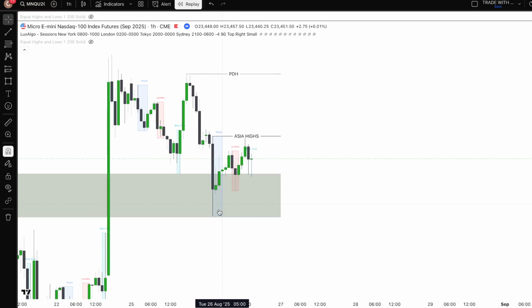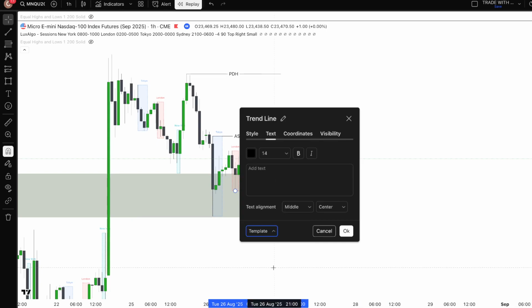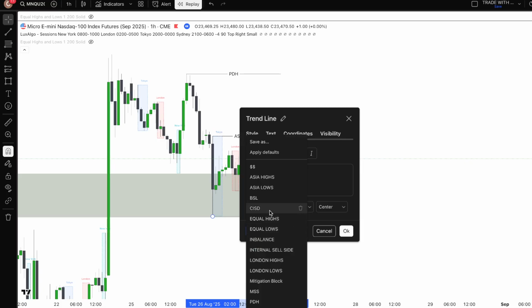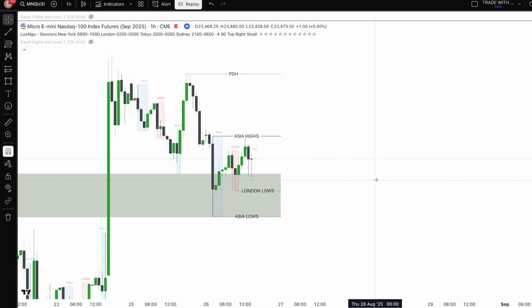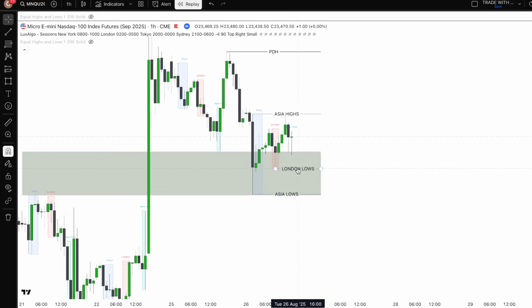We had London lows and Asia lows, so I'm gonna mark those out too. It's very important to mark out every session low and high you have on the chart. These are very important draws on liquidity. So on the 1-hour, we had London lows, Asia lows, and Asia highs.